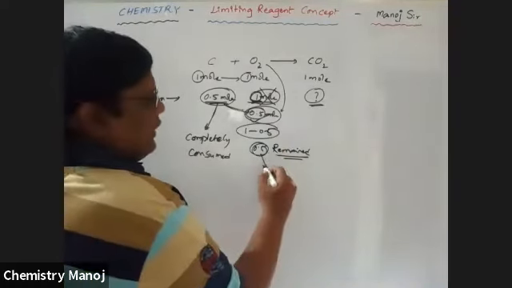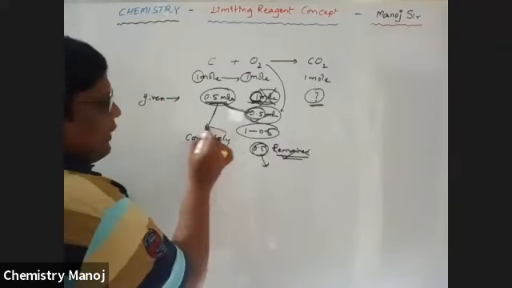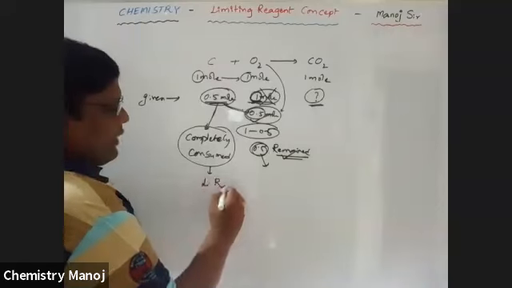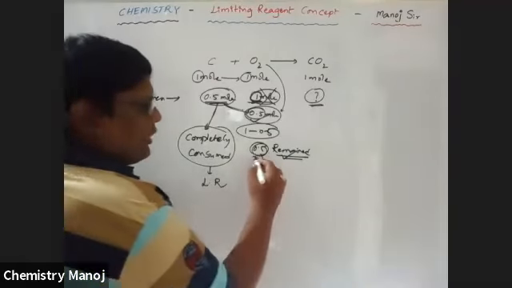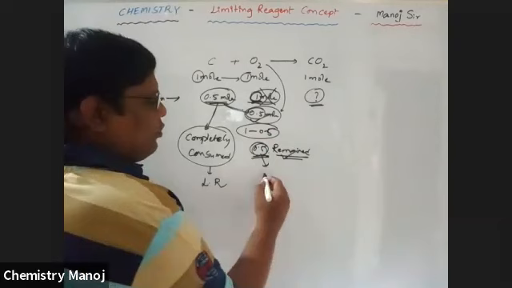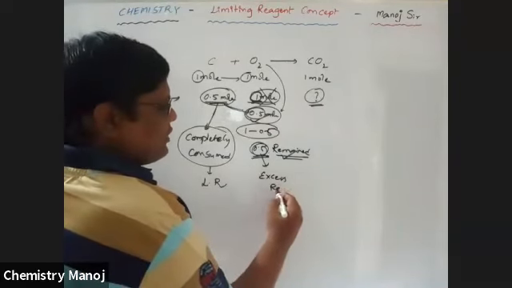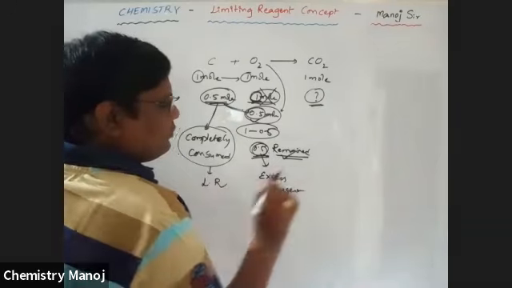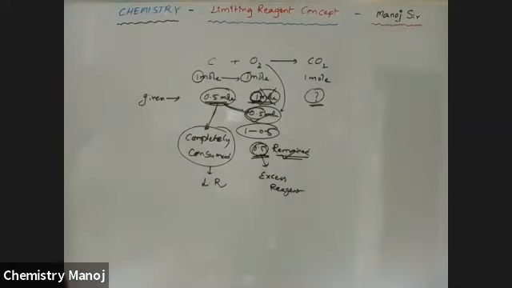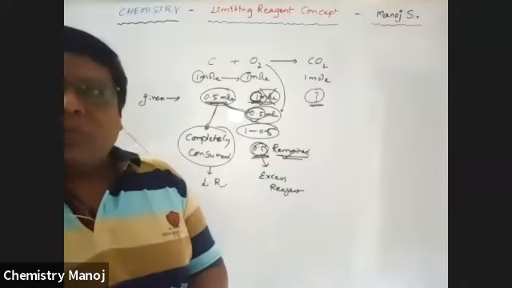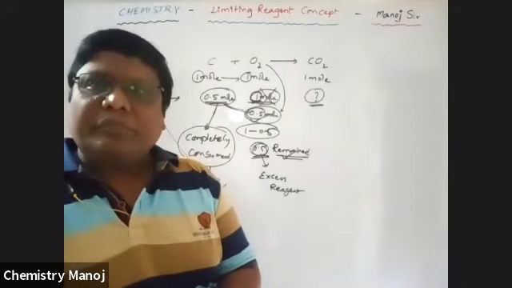This is the remaining one. The chemical which is completely consumed is the limiting reagent. The one which is not completely consumed, which remained, which is in excess amount, is called the excess reagent. So mind it, no doubt we have a stoichiometric equation.